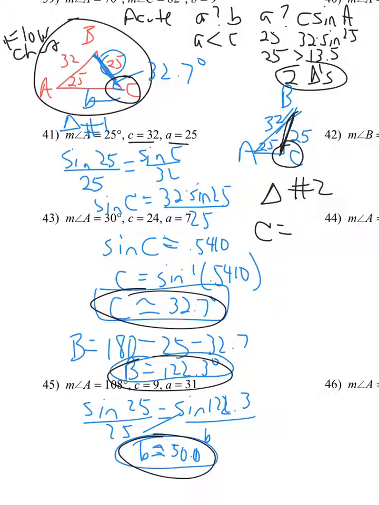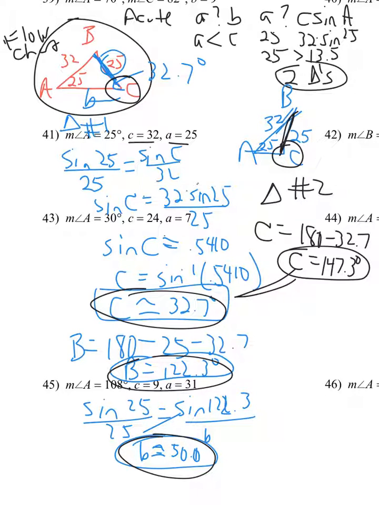Angle C was 32.7, so angle C in this triangle, since supplementary angles add up to 180, is 180 minus 32.7, which is 147.3 degrees. The reason is that the sine of 147.3 is the same as the sine of 32.7. It's a first quadrant angle and a second quadrant angle. But you just need to remember that that angle in the other triangle is always the supplement. These two angles are supplementary.